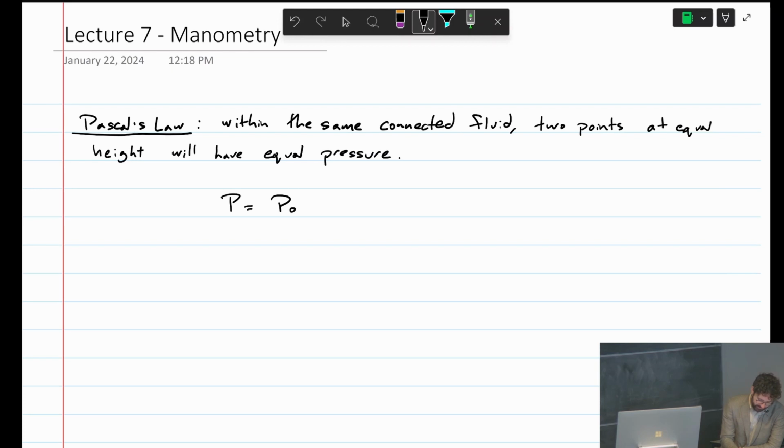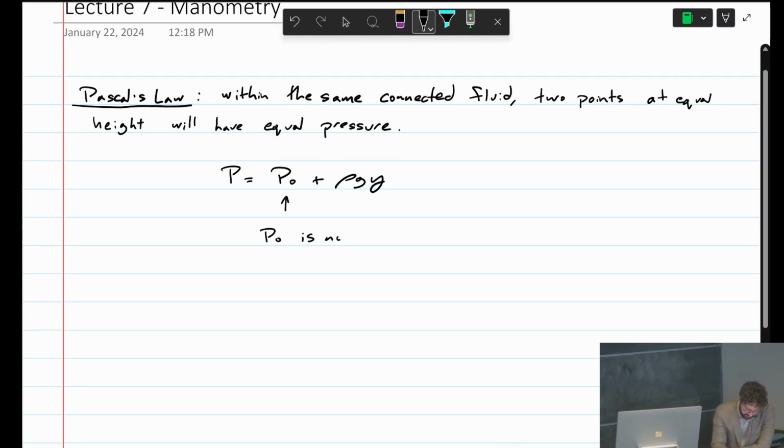So P equals P0 plus rho gy. I'll talk again about P0. So P0 is not always atmospheric pressure.